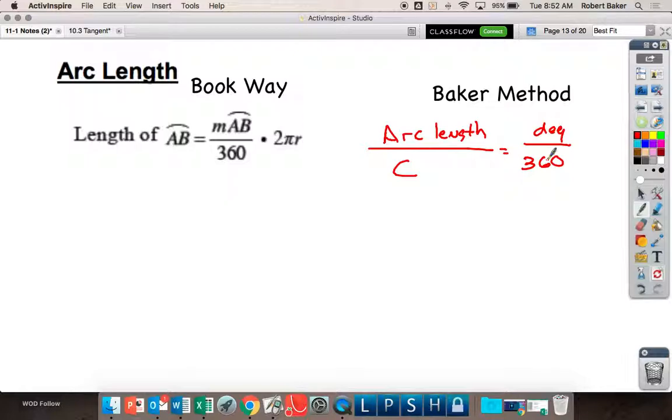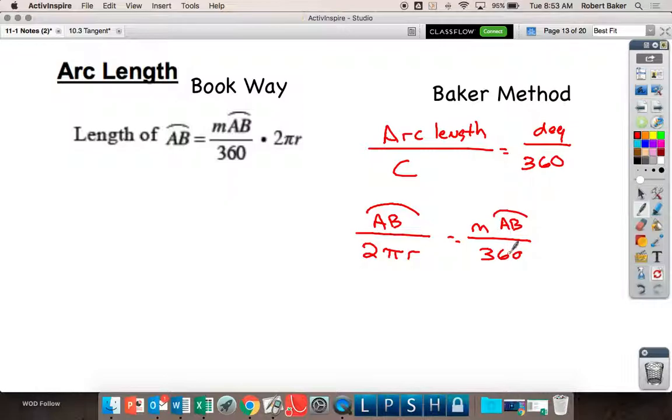So I can show you how this equation on the red one looks like the black one if I use the black notation. It would be the arc length of AB over the circumference is equal to the measure of the arc over 360. So that is length over length, degrees over degrees, and you can cross multiply and solve.